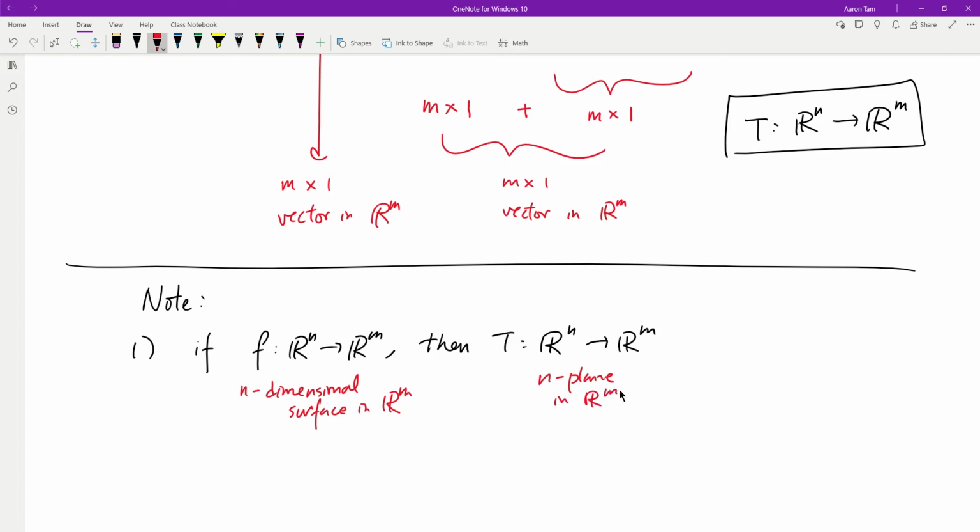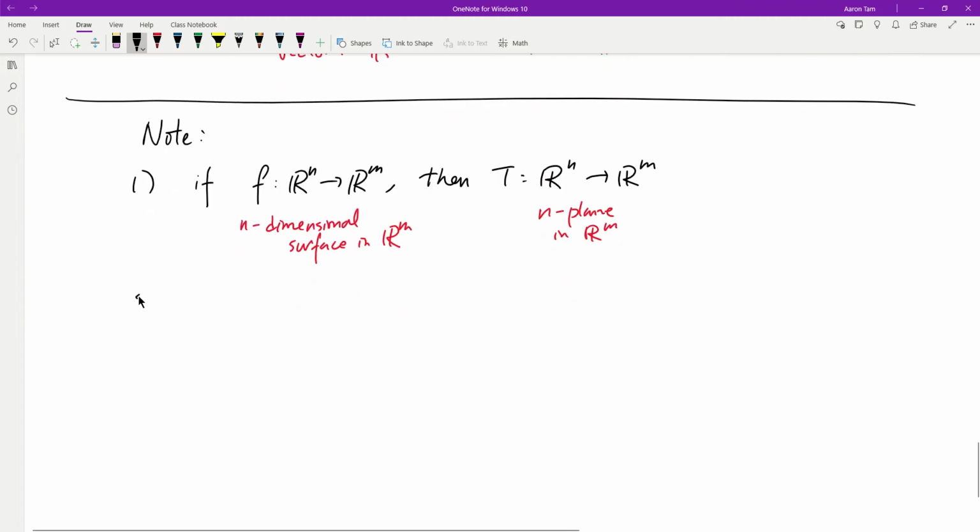They both have the same exact dimension because the dimension is defined by the domain of the function. They also exist in the same space because that's defined by the range of the function. The only difference is one of them is a surface which can have twists, turns, and bends, while the other one is a flat plane. So that's the first difference between them.